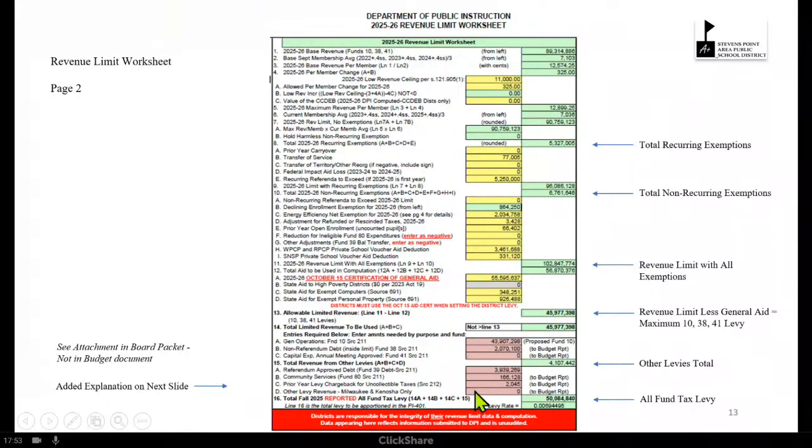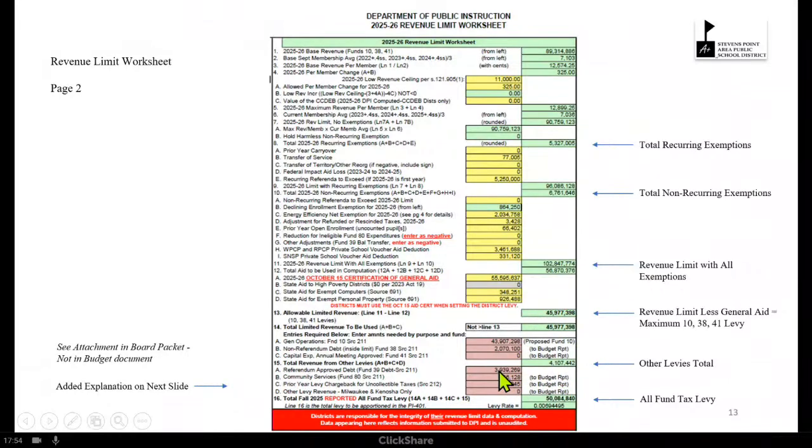Okay, these are our levy amounts in red. So our Fund 10 levy is $43,907,298. And then we have our non-referendum debt of $2,070,100. Those total $45,977,398 up here. Okay. Then we have our other levies.